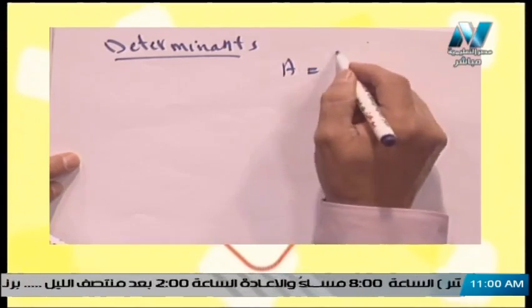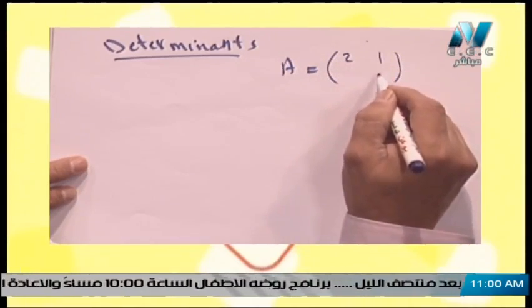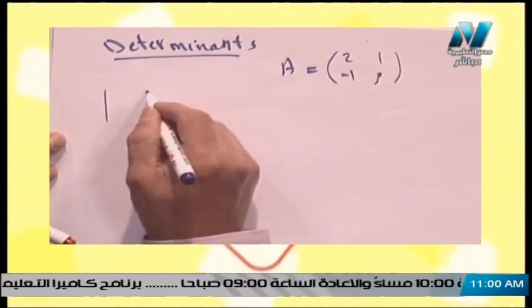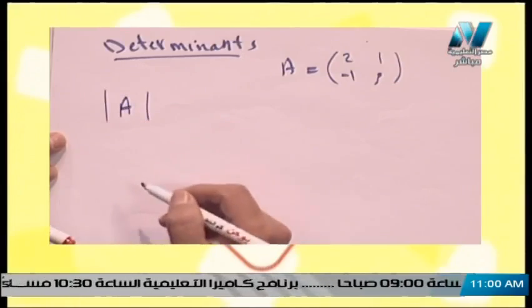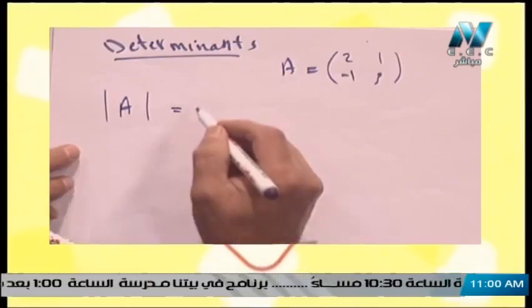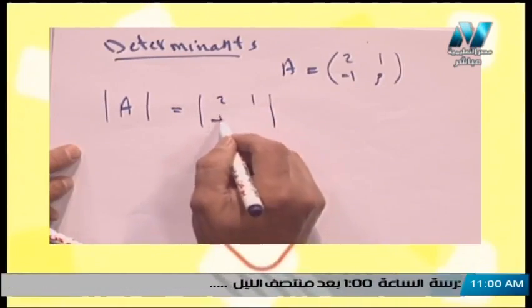Determinant, if we have a matrix here like that, 2, 1, 3, negative 1, and we will find its determinant like this, equals the determinant of this matrix, 2 and 1, negative 1 and 3.